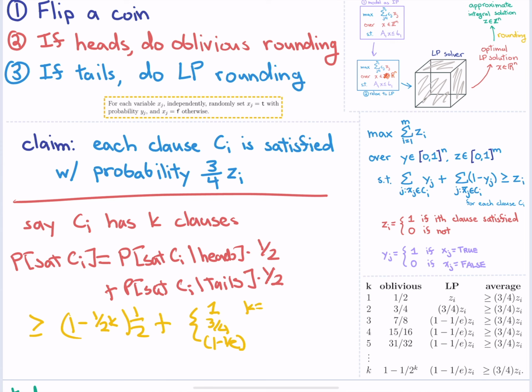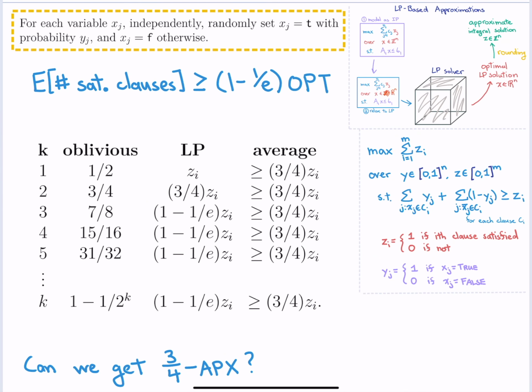If k is equal to 1, k is equal to 2, or k is at least 3, times 1/2. So what we see in this last part is exactly taking the average of one of these rows of the table: the average of 1/2 and 1, or the average of 3/4 and 3/4, or the average of 7/8 and 1 minus 1 over e.